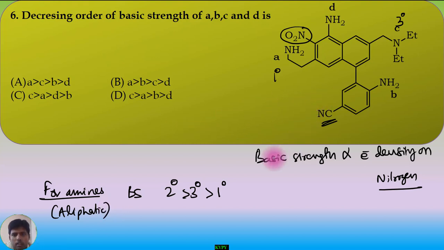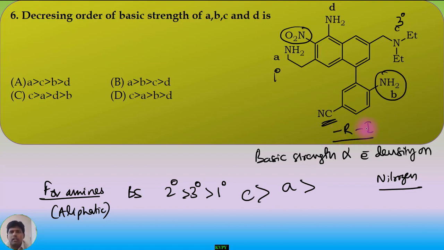So in that way, C will be most basic here, then A. And after that, it will be B because CN is offering minus R as well as minus I, but in both minus R effect as well as minus I effect, CN is less effective than NO2. NO2 is a nitro group which is in fact very much more powerful than CN.